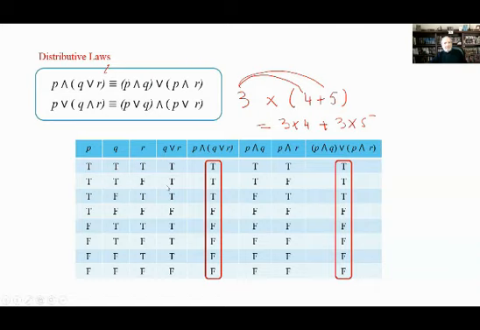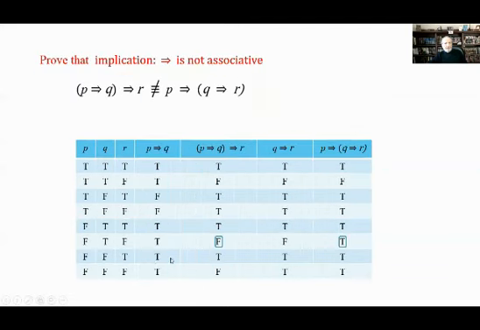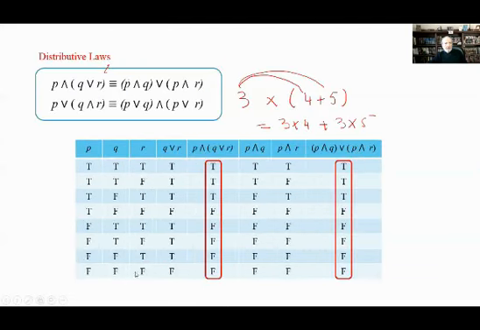True, true, true, false. True, true, true. Q or R, true, false. Now you want to have Q or R here, P here, so now we are doing P and (Q or R).